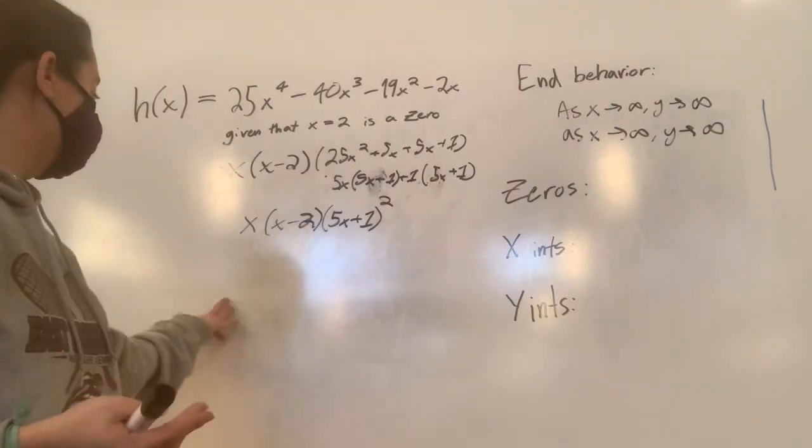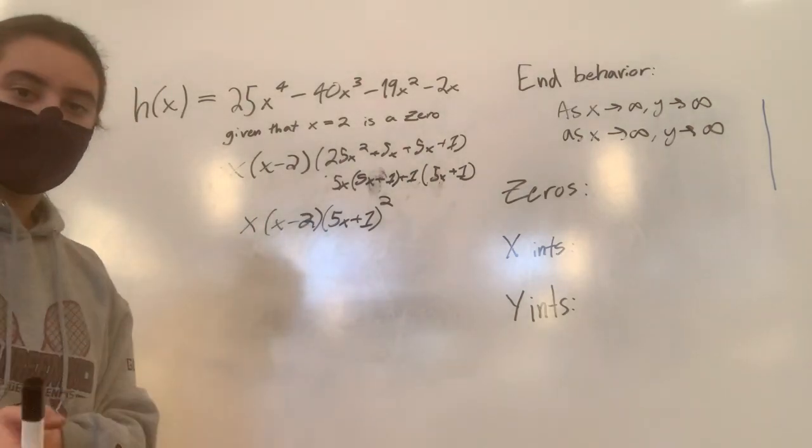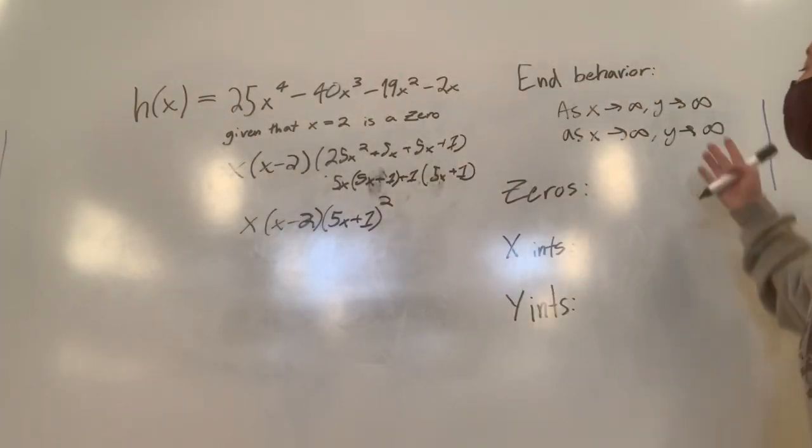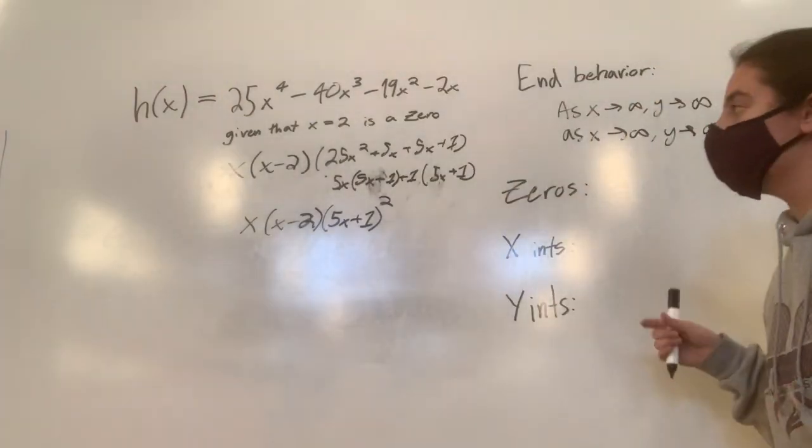Ta-da! We have done the math, guys. And now we can use this factored form to find our zeros and our intercepts.